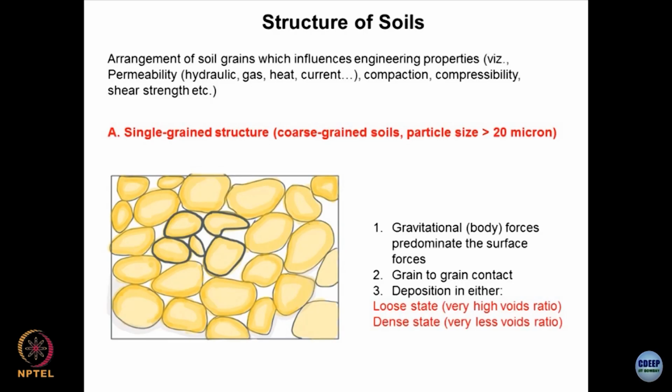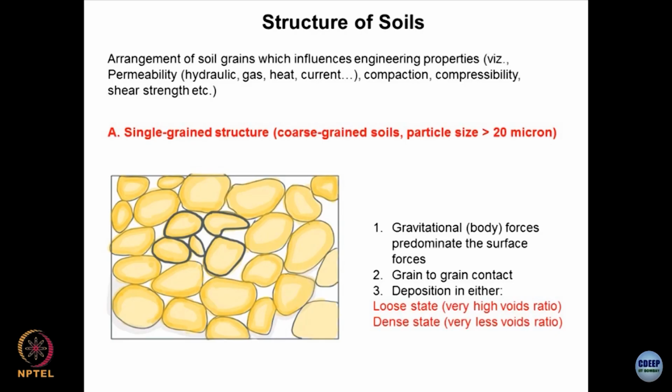So, this has a strong bearing on most of the mechanisms. Any process which occurs in the soil mass, and soil mass is nothing but millions of discrete particles which are particulate materials, alright. The structure of the soil is going to control the strength, permeability, any type of permeability, hydraulic conductivity.